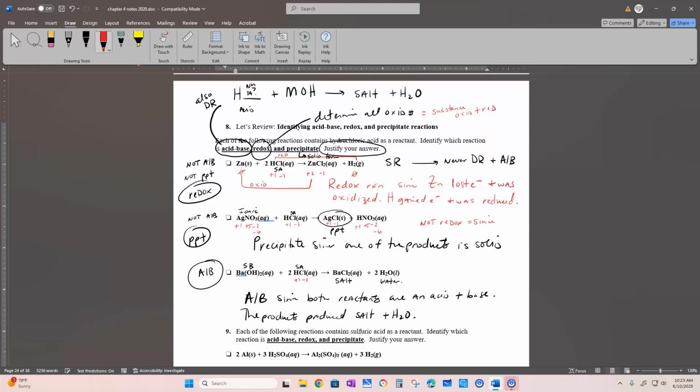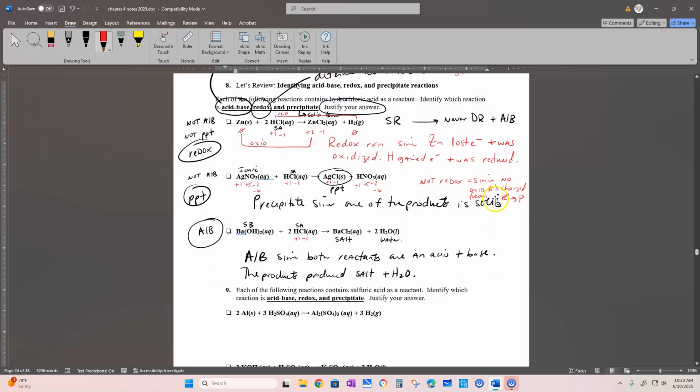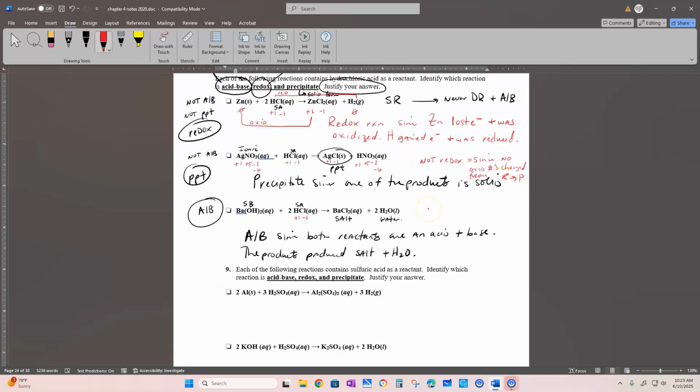And what you tell them is since no oxidation numbers changed from reactant to product. Okay? Well, let's check this one down here. Barium hydroxide, well, we know this 2 came from barium. Hydroxide's a polyatomic. Anytime you see it in parentheses, do those polyatomics separate.